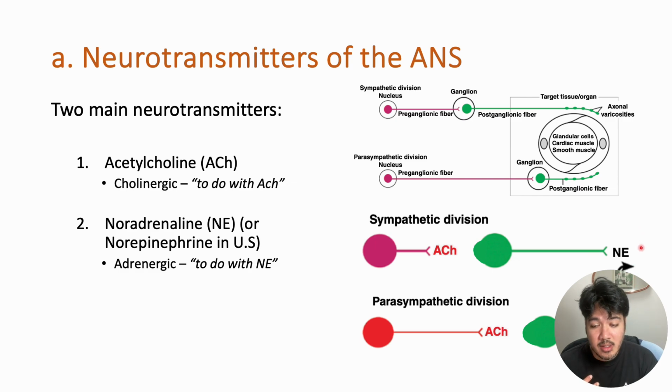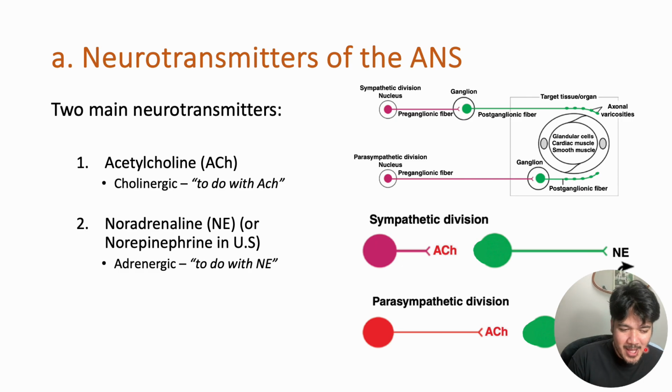The parasympathetic division is a little bit different though. It uses acetylcholine, the same as the pre- and postganglionic fiber neurotransmitter, to communicate with your target organs. So the easiest way to remember it: sympathetic uses noradrenaline, or norepinephrine, whereas your parasympathetic uses acetylcholine.